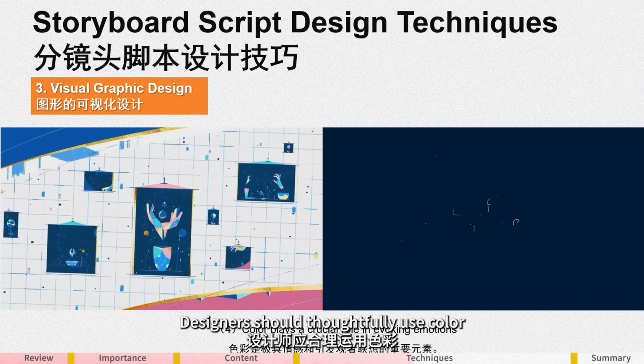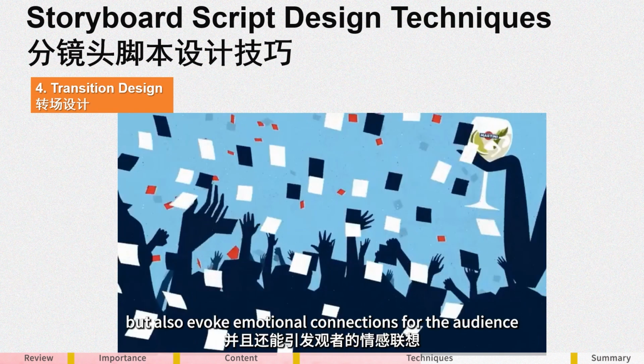Designers should thoughtfully use color to portray objects or express emotions, catering to users' visual and psychological perceptions, such as tastes, soft feeling, hard feeling, romantic feeling, and fear. Through the strategic use of colors, we can not only visually represent taste, sense of touch, and sounds, but also evoke emotional connections for the audience.